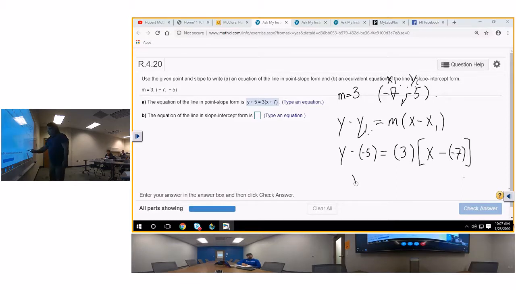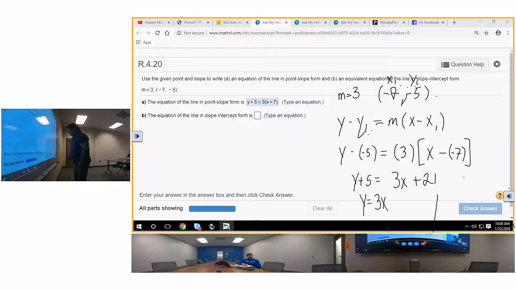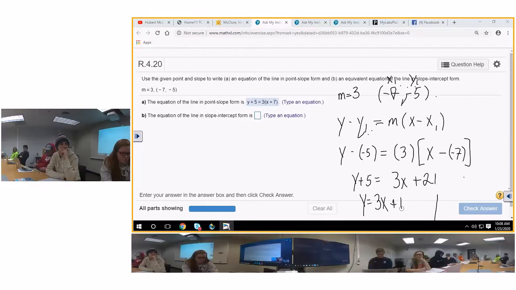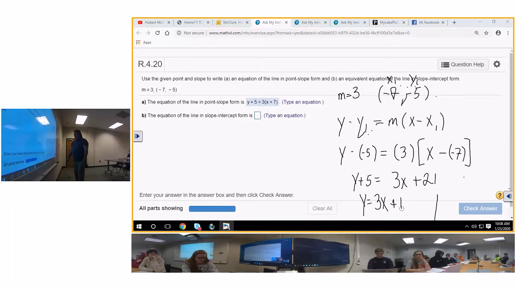So y plus 5 is equal to 3x plus 21. Y is equal to 3x, and what's 21 minus 5? I was thinking 17. It'd be 16. That's your answer.